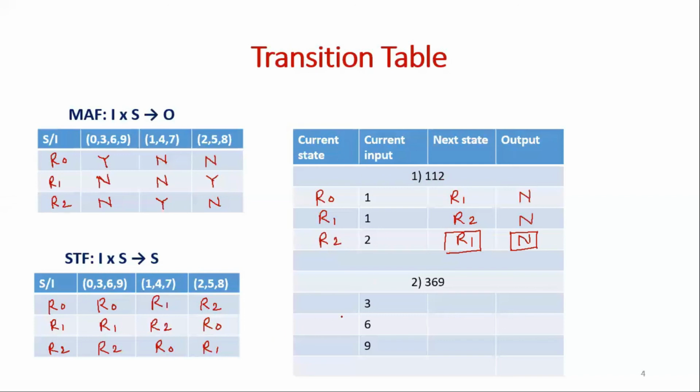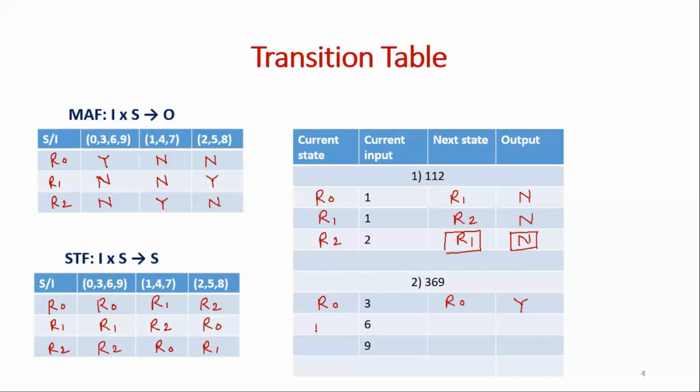Now let us take one more example, that is 369. So again start with R0. Now R0 for the input 3 goes to R0 and corresponding output is yes.